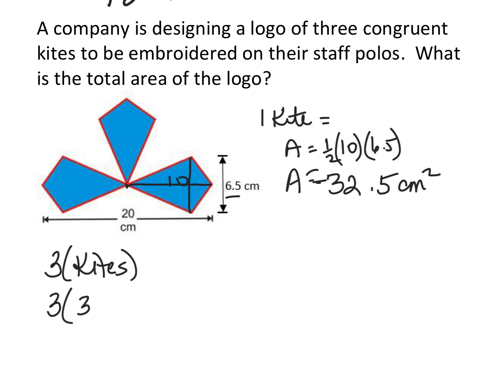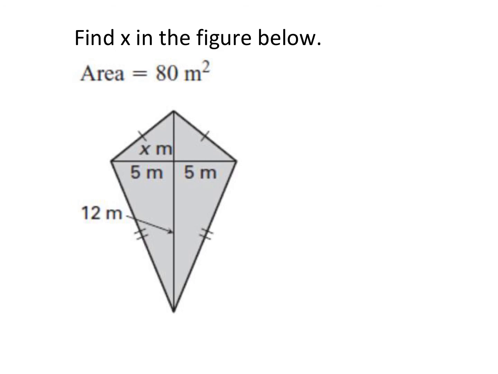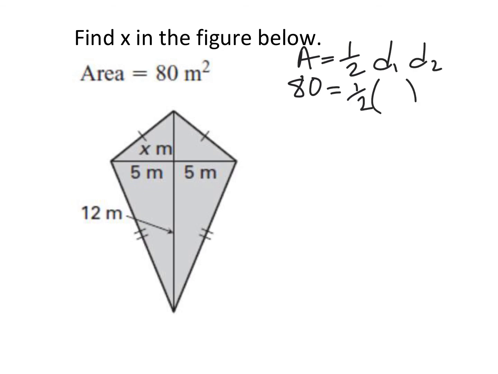All right, and our last one. We know the area in this one. We get to work backwards. So the area is 1/2 D1 D2. So 80 is 1/2, and one of our diagonals is 10, 5 plus 5. So we can figure out what our other diagonal is, 12 plus something, right?